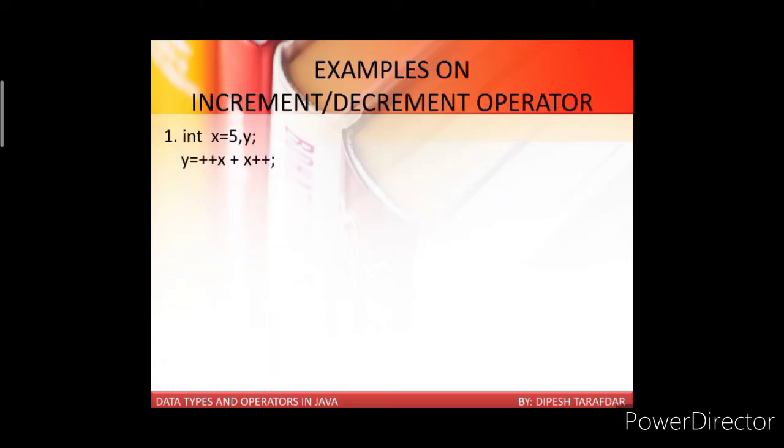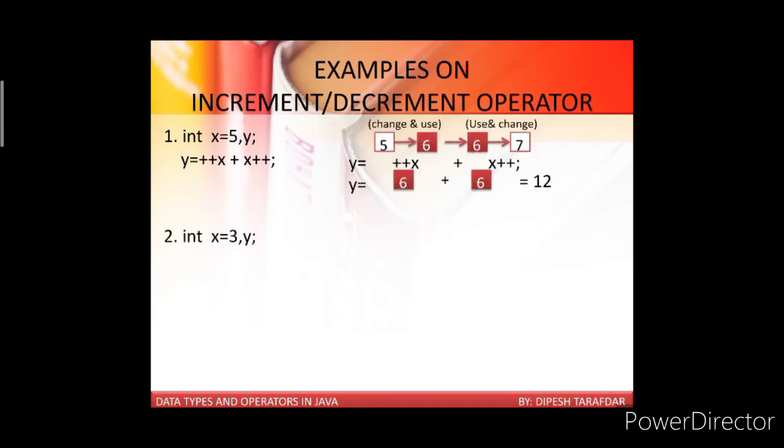Let us take some examples. Int x is equal to 5, y is equal to ++x + x++. So ++x means prefix which says change and use, and x++ means postfix which says use and change. So how will it work?